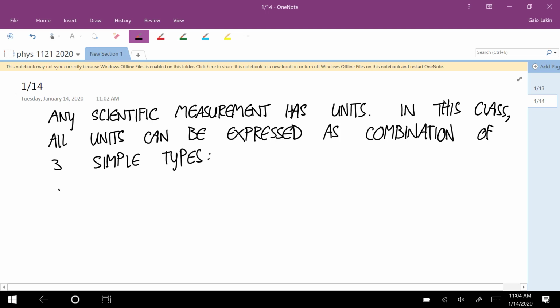Those are length, and the SI units for length, the Standard International or System International or something, is meters.